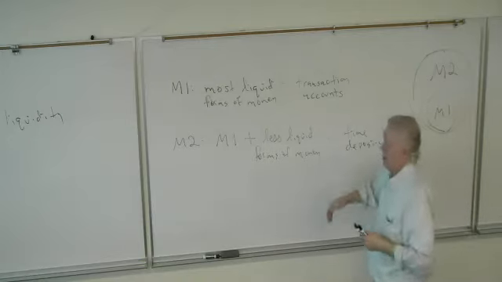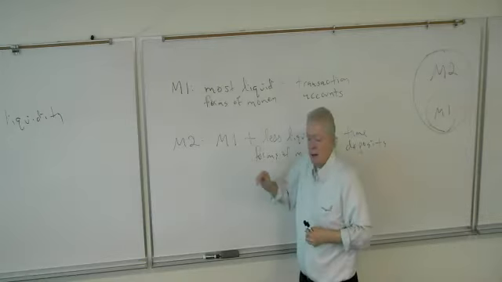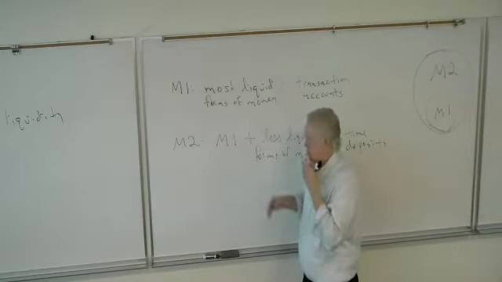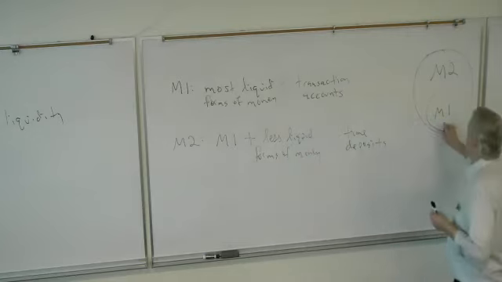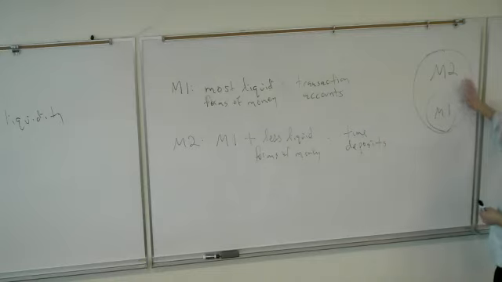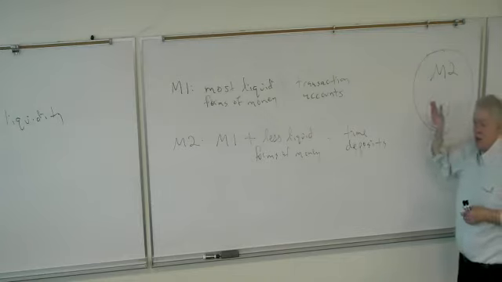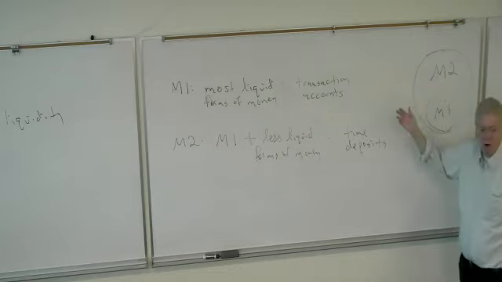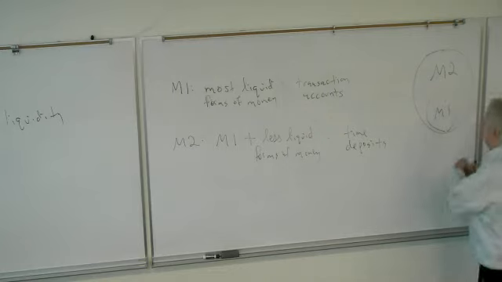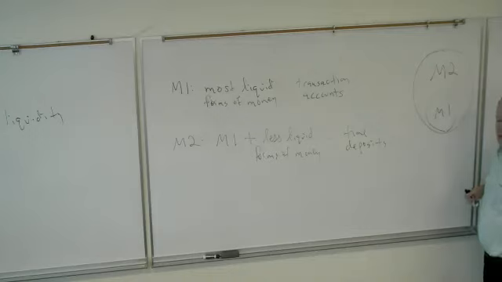So M2 is bigger than M1, not just because the non-M1 part of it is bigger, but because it includes all of M1 in the first place. So M1 is a subset of M2, and M2 obviously includes all of M1. Now, what's really interesting is that years ago, in the not too distant past, there was an M1, an M2, an M3, and an M4, which sort of further subdivided the world that we now know as M2.